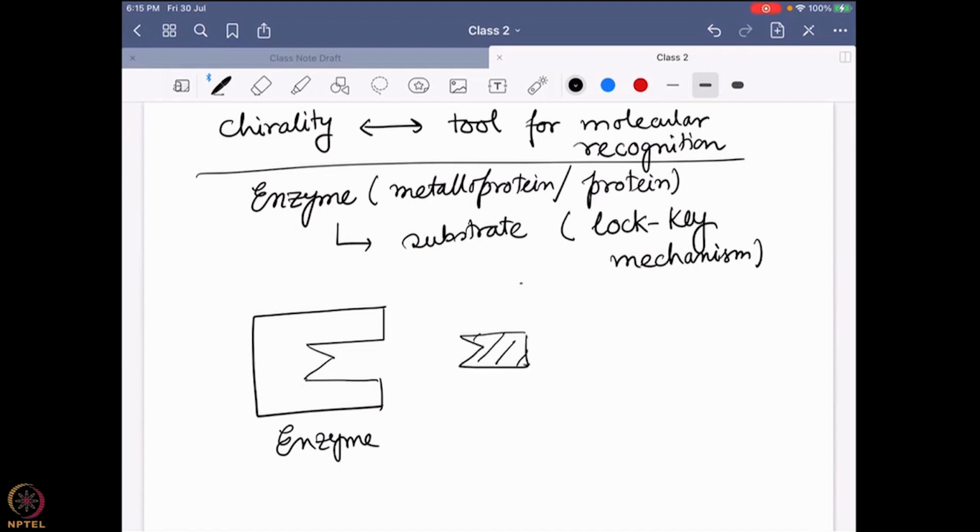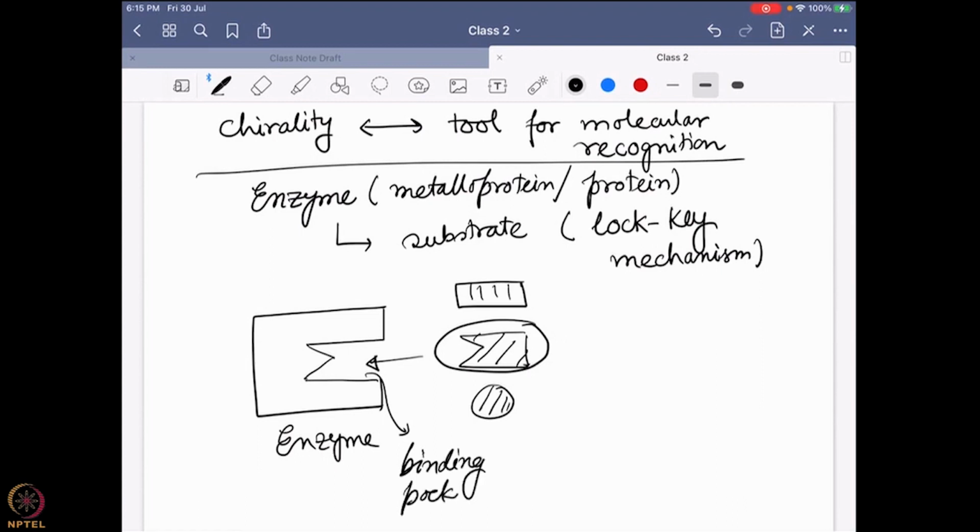If other substrates are also present, among them, it will specifically choose the one which fits it very nicely. So this is what we call the binding pocket. And this is what we call the substrate. And the substrate very nicely fits into the binding pocket.